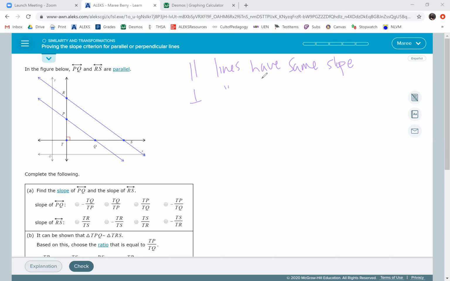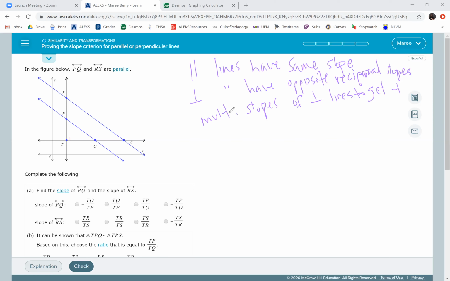Perpendicular lines have opposite reciprocal slopes. That just means that if you multiply slopes of perpendicular lines, you'll get -1.